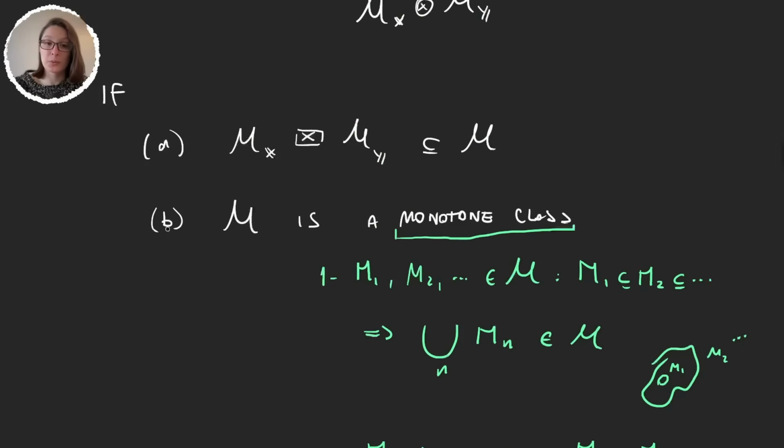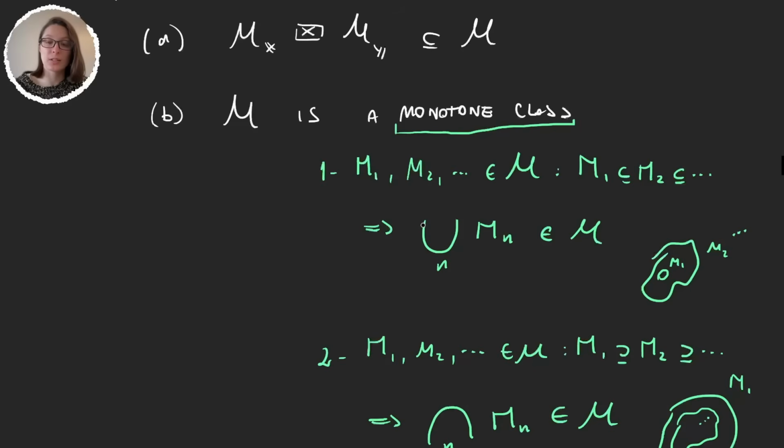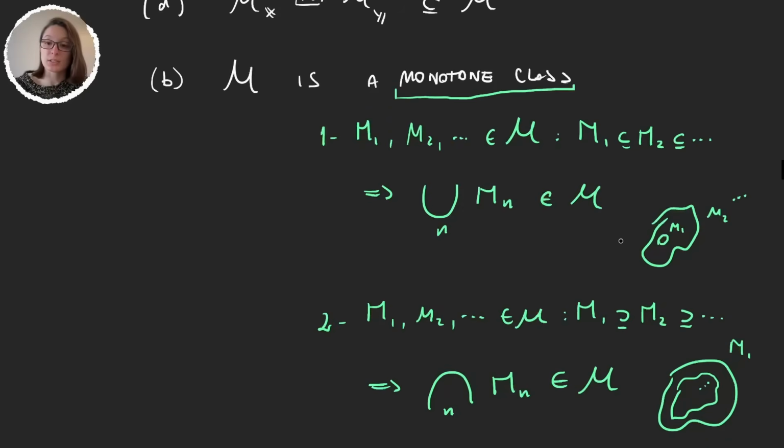Now we need to prove that M is a monotone class. So we need to prove that this set that we just defined satisfies these two properties. When we take an increasing sequence of elements in M, the union is in M. And when we take a decreasing sequence, then the intersection is in M. Let's start with property 1.